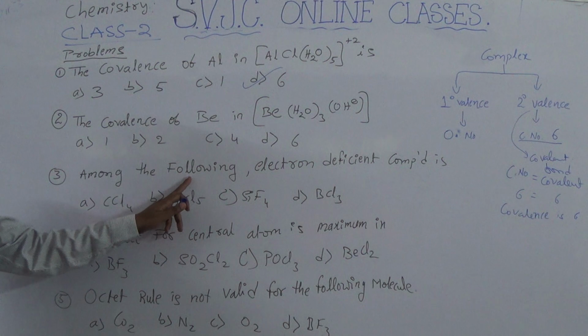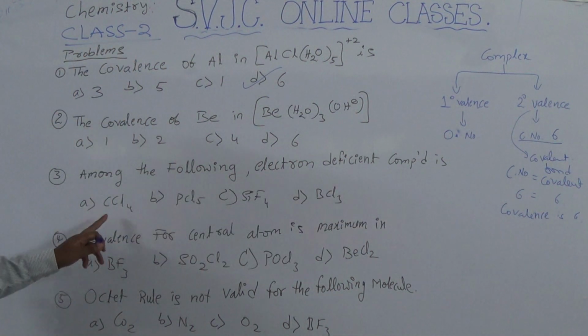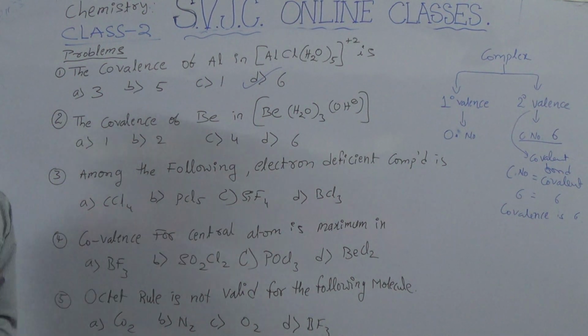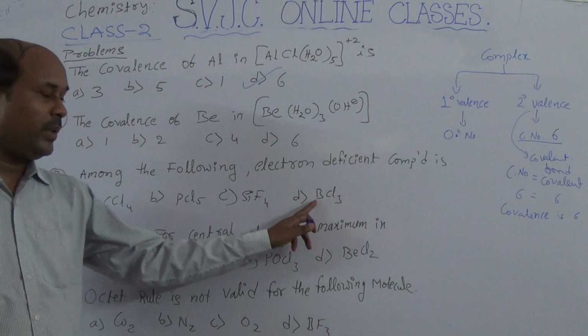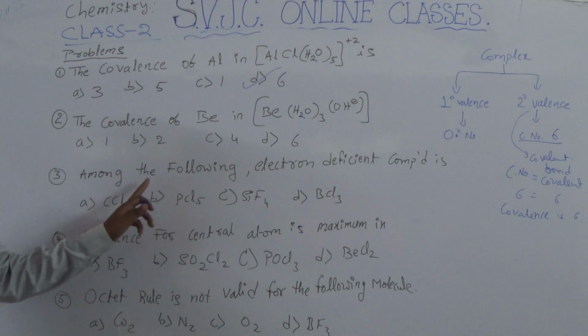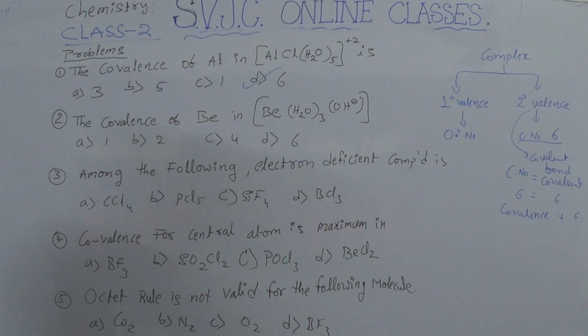Among the following, which is an electron deficient compound? The options are CCl4, PCl5, SiF4, BCl3. In yesterday's class I said the limitations of the octet rule; the first limitation is here.